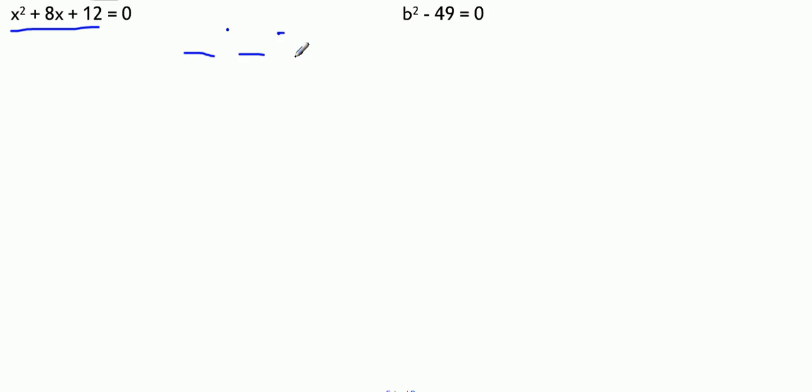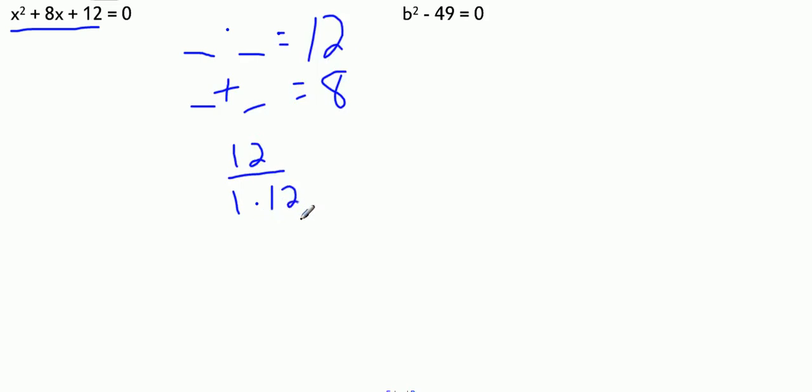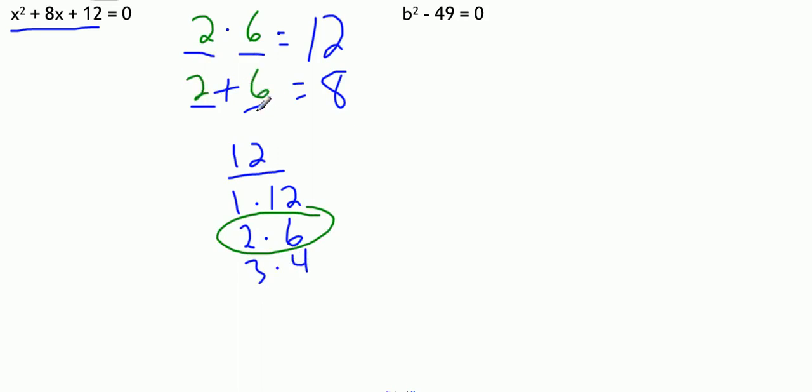We need two numbers that multiply to 12. Those same two numbers are going to have to add to 8. And if you don't see the numbers right away, then you start systematically: 1 times 12, 2 times 6, 3 times 4. If it's going to factor, one of these is going to have to work. The 2 and the 6 are going to work, so we'll fill in a 2 and a 6. We don't have any sign issues to worry about.